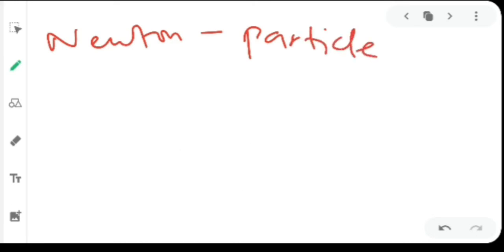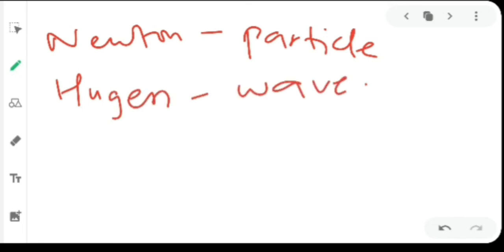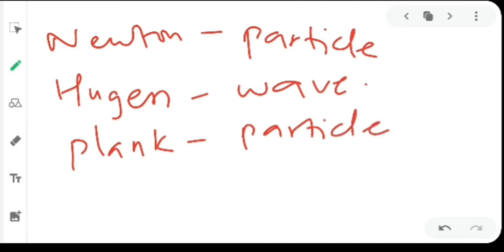Then comes Huygens. Huygens proposed the wave nature of light. Then comes Planck, who proposed the particle nature of light.